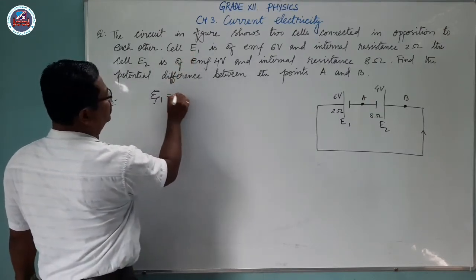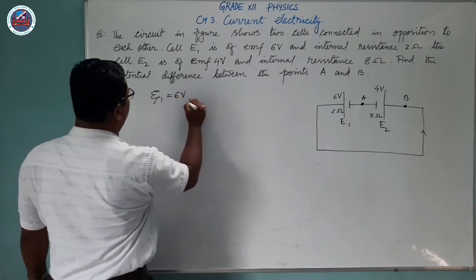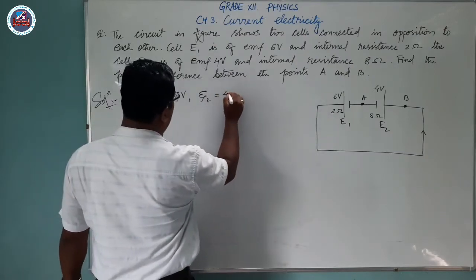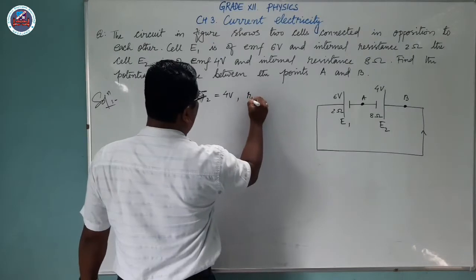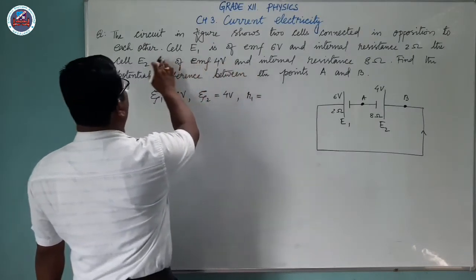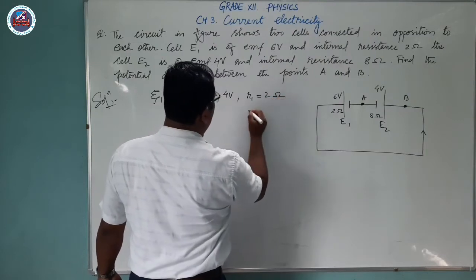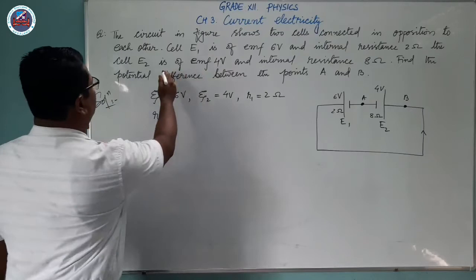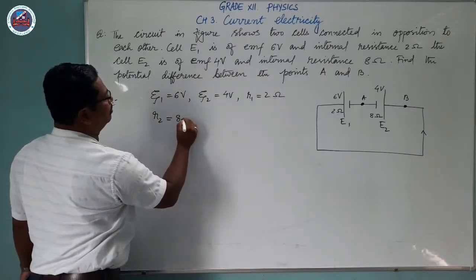Epsilon 1 is equal to 6 volt. Epsilon 2, the EMF, is 4 volt. Then you have internal resistance R1 given here for cell E1, it is 2 ohm, and R2, the second cell, has internal resistance of 8 ohm.